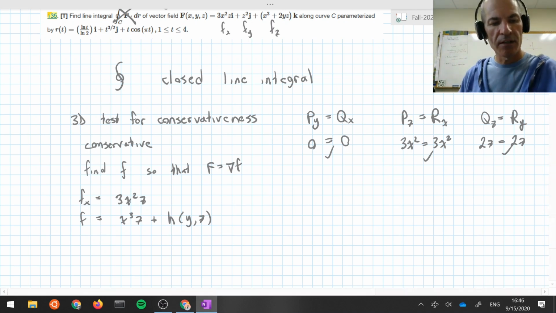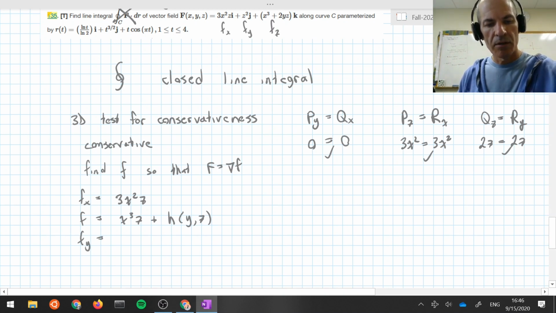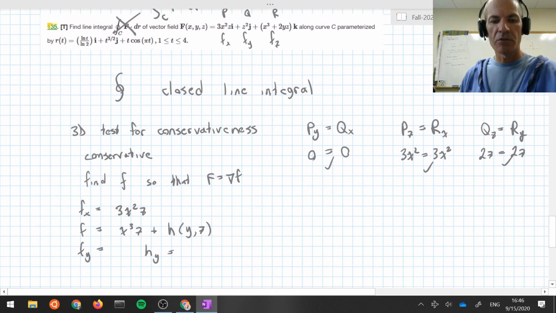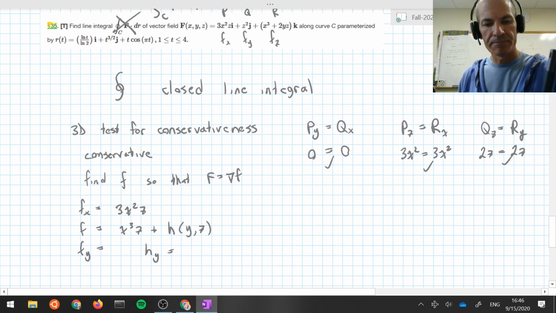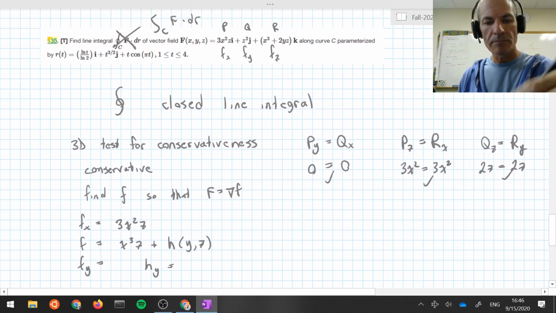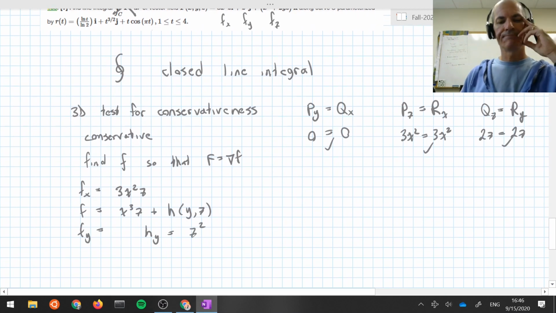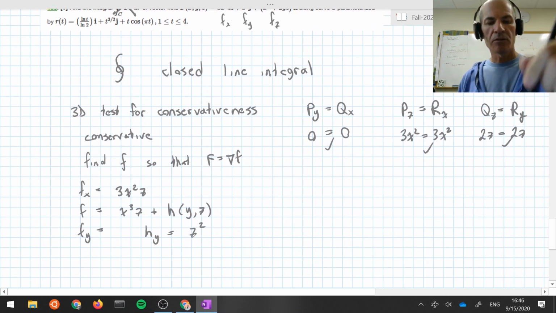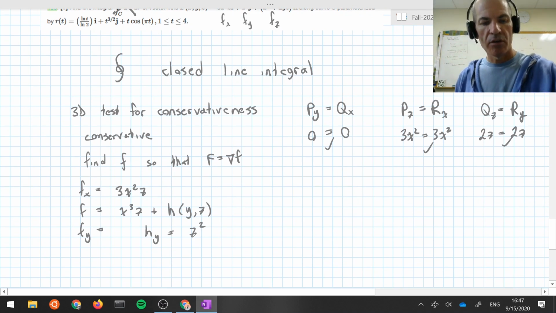What am I going to do next? I'm just going to go and look at fy. Fy is 0 plus the partial of h with respect to y. And fy better equal z squared. Okay, so then what's h?